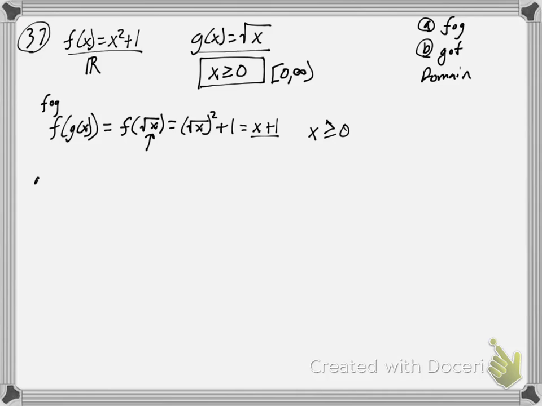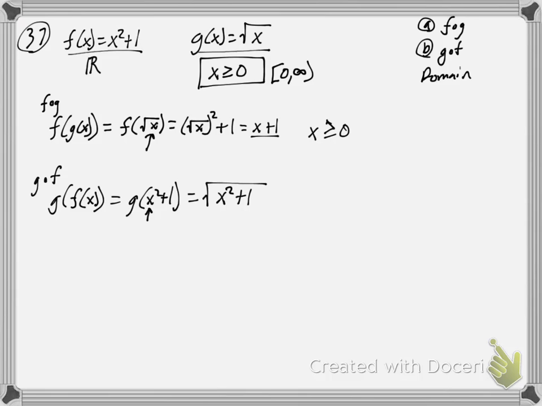Now, let's do g of f of x. So g of f of x would be equal to g of x squared plus 1. So if I take that and plug it in, I have the square root of x squared plus 1. So now what's the domain of that? Well, I can plug any number into here and it's going to be positive.